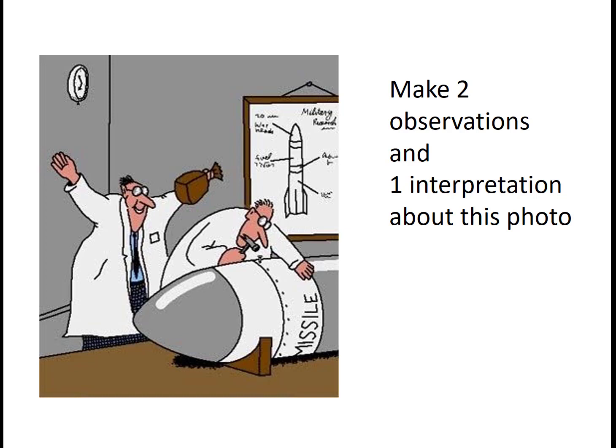And then the other scientist with one hand up in the air and the bag, we might make the interpretation that he's about to pop the bag and scare the first scientist. But we don't know exactly if that's what is going to happen because it hasn't happened yet. But we can maybe interpret and anticipate that that is what's going to happen next.